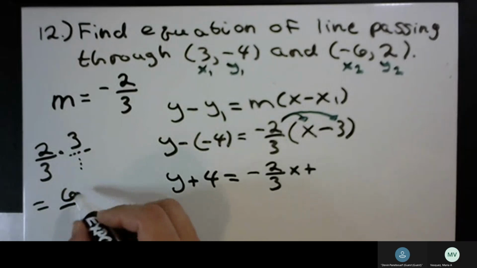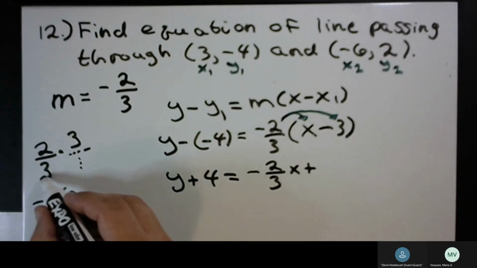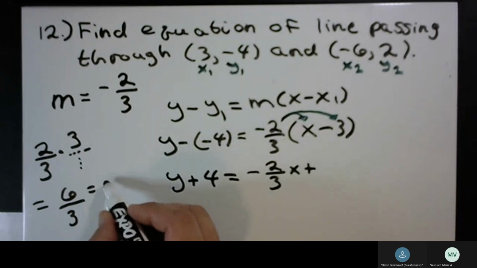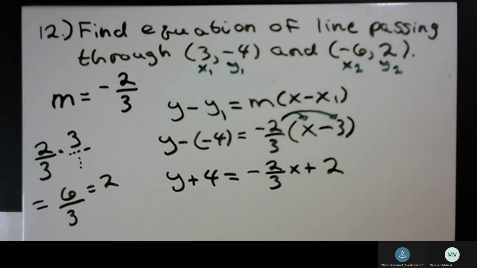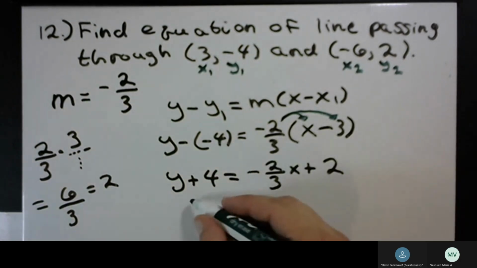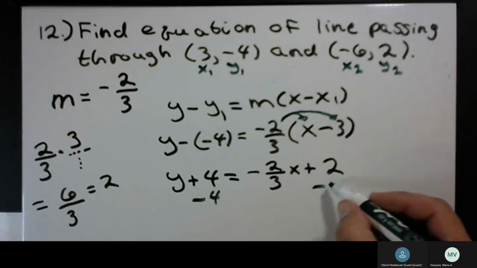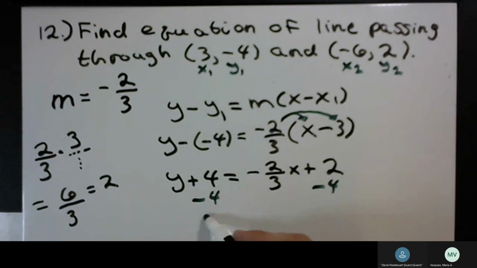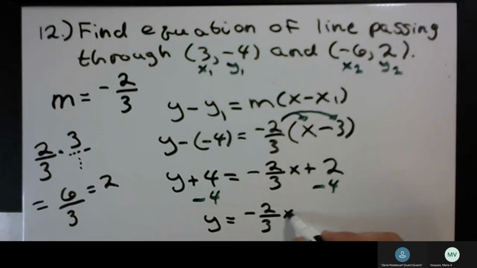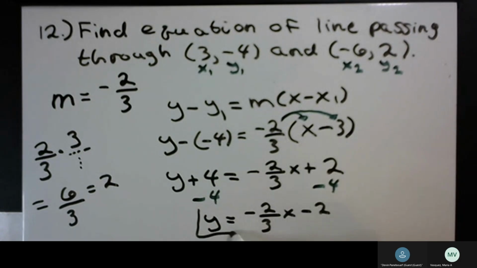We'll get 6. 2 times 3 is 6. 3 times 1 is 3. And we're going to get 2. So this will be 2. And then subtract 4 from both sides. And that's going to be your answer.